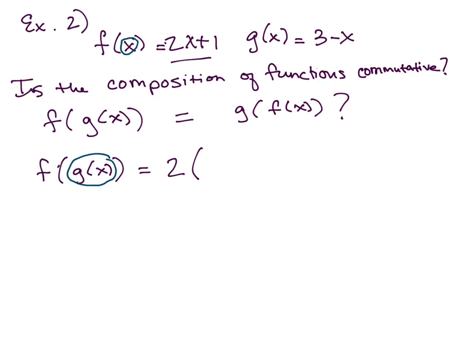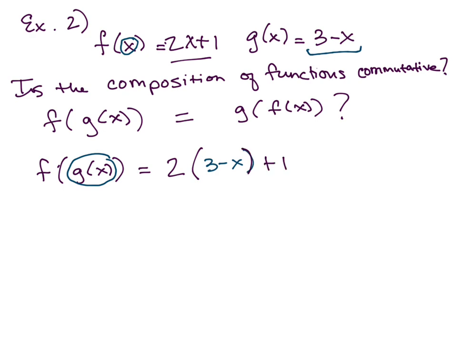So instead of x, I'm going to pop in here g of x. So 2, open parentheses, 3 minus x. And then I go back and finish my f sentence, which was plus 1.